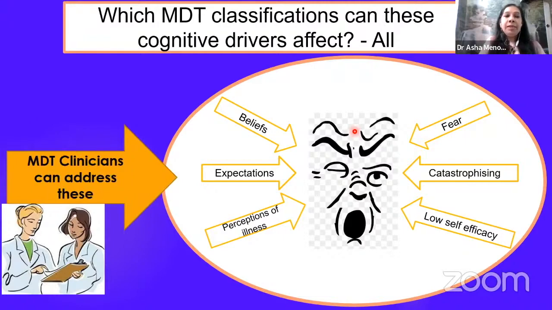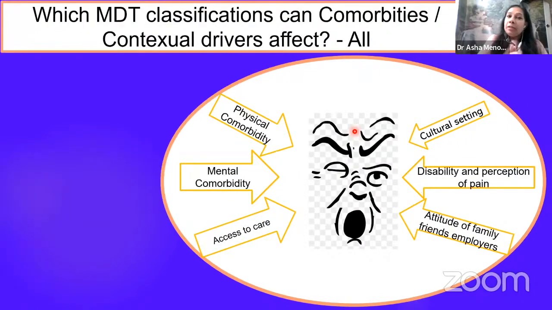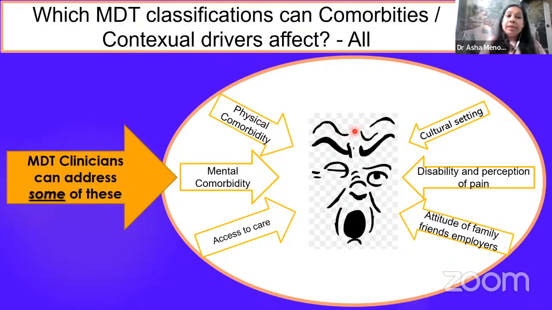The MDT clinicians can address these cognitive drivers. The contextual drivers, MDT clinicians can address some of these, but things like access to care, the attitude of family, friends, employers, or a cultural setting are things that a clinician cannot address.